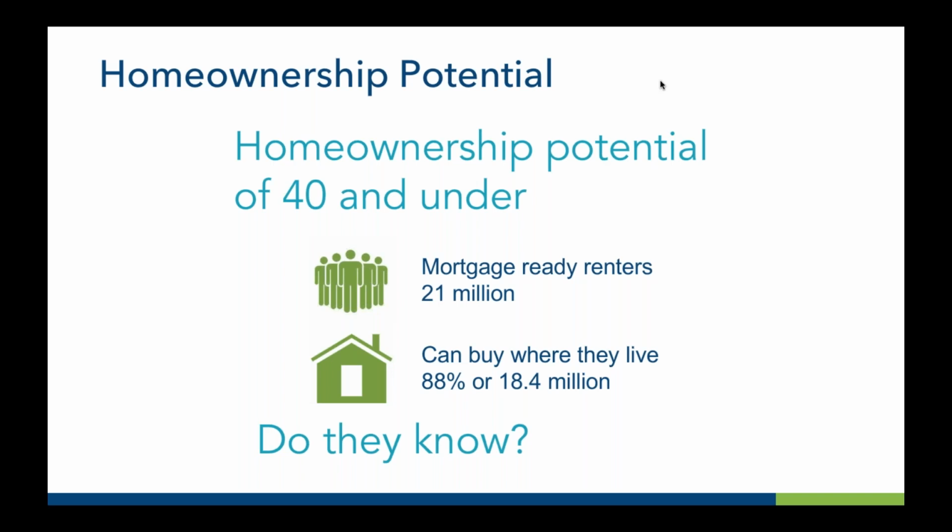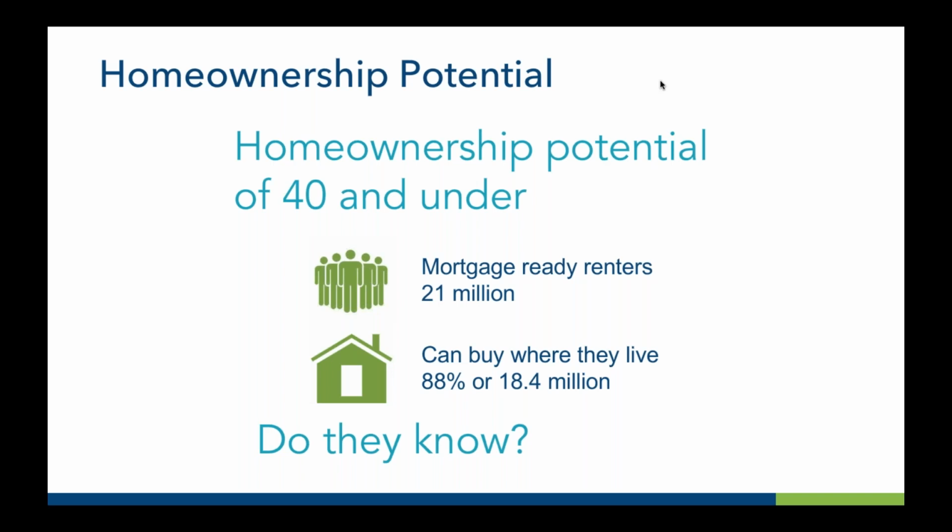Now, mortgage-ready meant they had a credit score that would qualify them for conventional financing and thus for DPAs. They had the income sufficient to sustain home ownership. It accounted for their debt load. It accounted for their credit history.